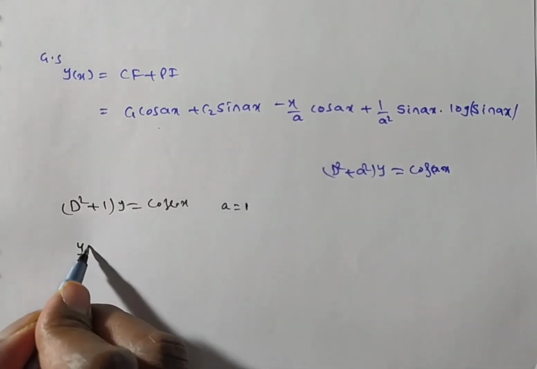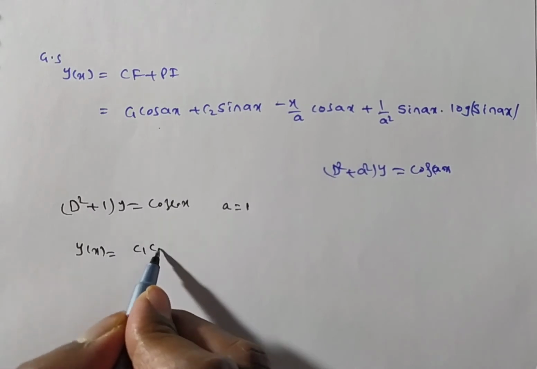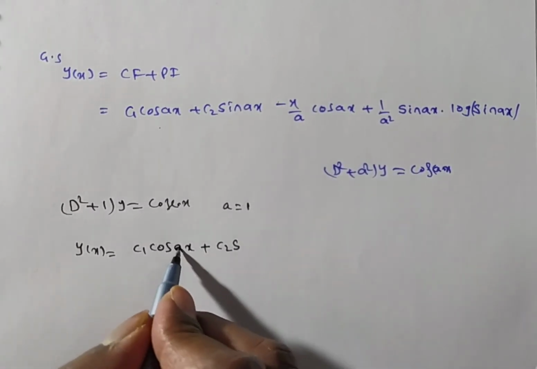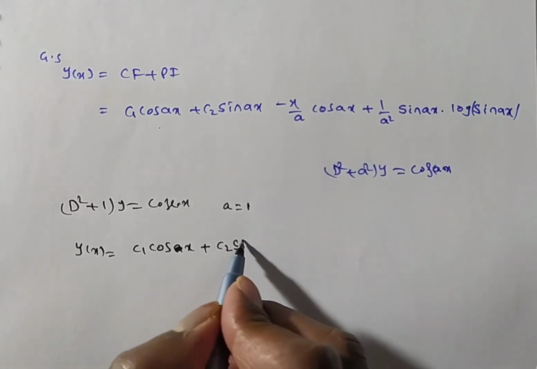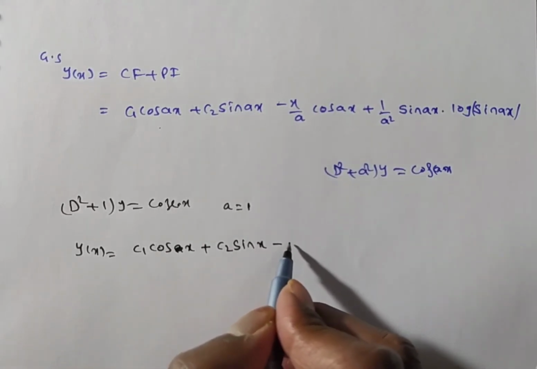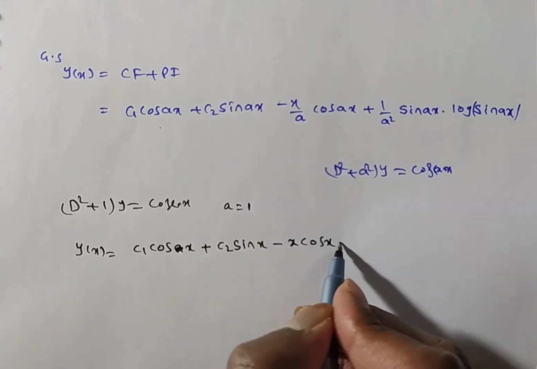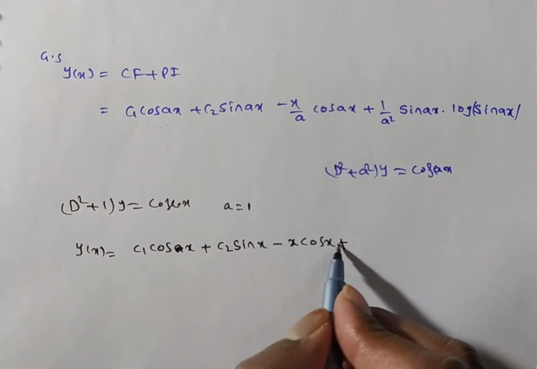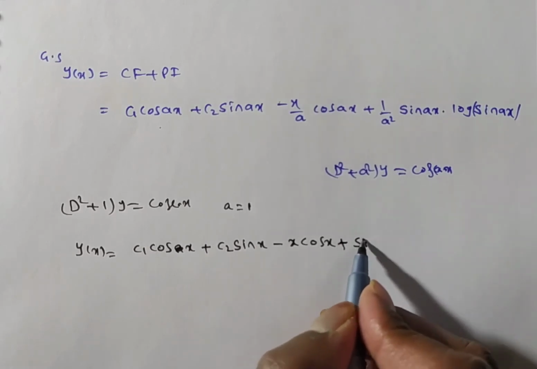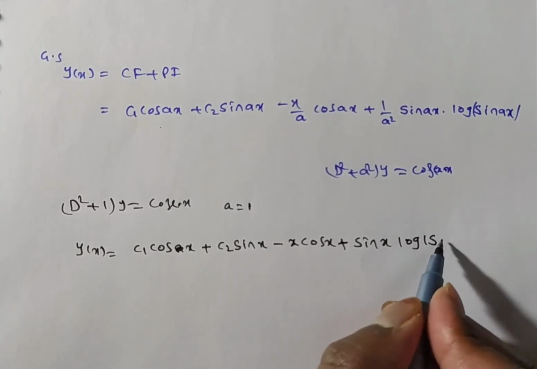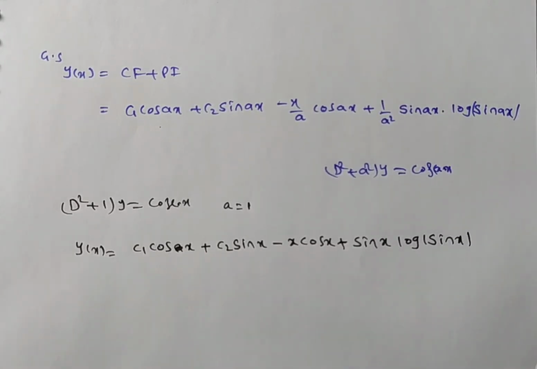Then we will have y of x is equal to c1 cos x plus c2 sin x minus x by a, x by 1, that is x cos x, plus 1 by a square is nothing but 1 by 1 is 1, sin x, into log of mod sin x. So this is the general solution for d square plus 1 into y is equal to cosecant x.